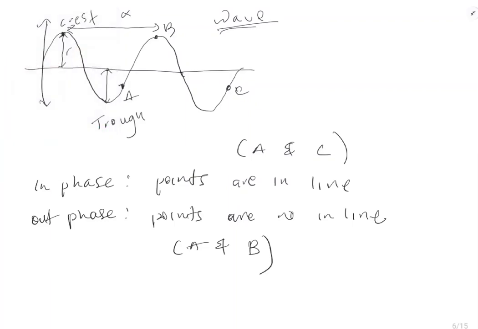Another thing we need to describe is a cycle. Here I didn't draw it properly, but the wave goes like this. From maximum to minimum and back, we can call this one cycle, and this is measured in seconds. One of the things that describe a wave is the period and the frequency.